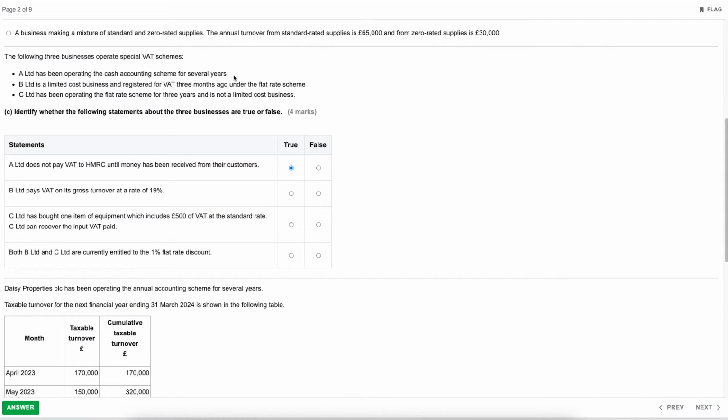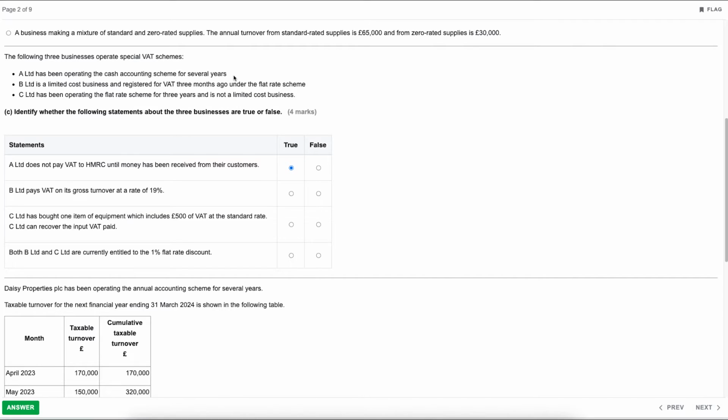So they're not using the accruals accounting method, they are using the cash accounting scheme for VAT. You could probably assume that they're also using cash accounting for their accounting as well, because it would just make sense. But all it means is that they're only paying or claiming back VAT based on what they've physically paid or physically received.